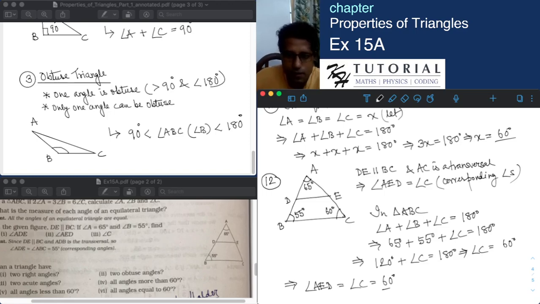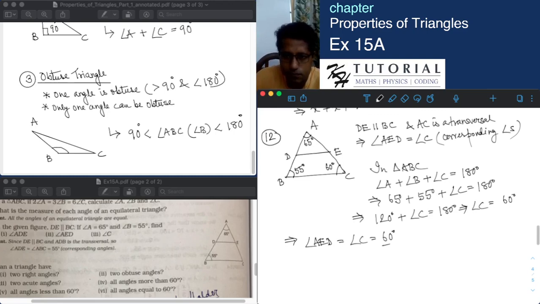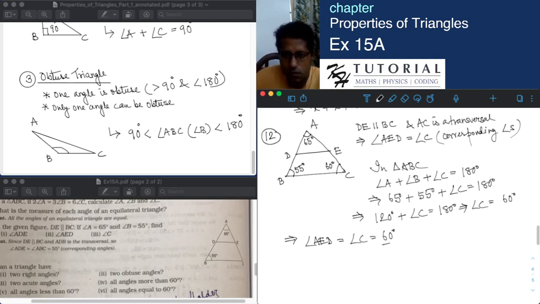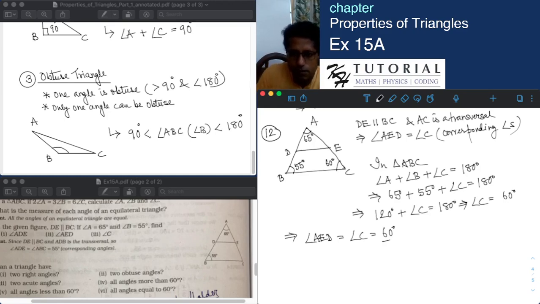Now we have to find the angle ADE. Again see that DE is parallel to BC and AB is a transversal intersecting the parallel lines DE and BC at the distinct points D and B. So this implies that angle B will be equal to angle ADE, as they are corresponding angles.